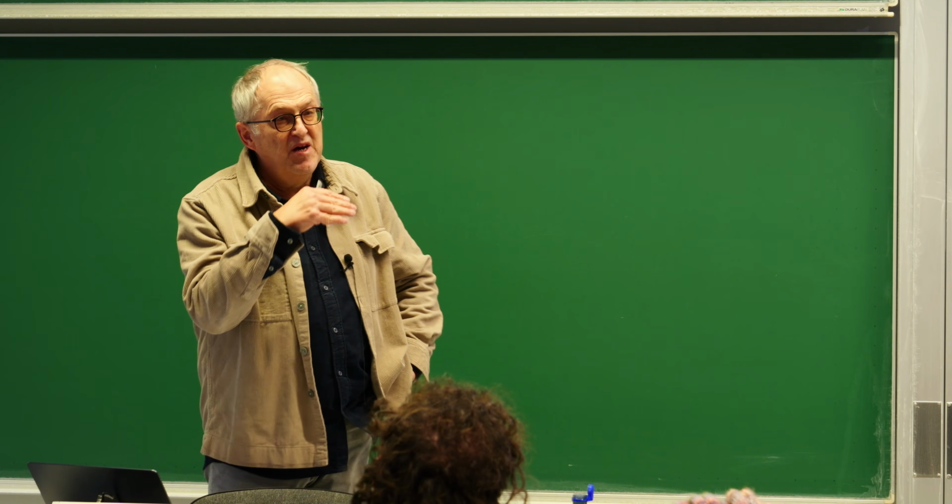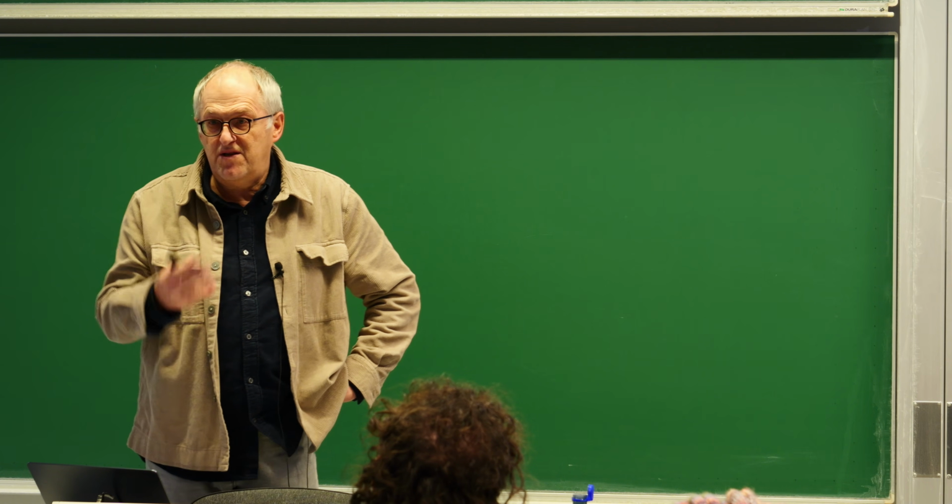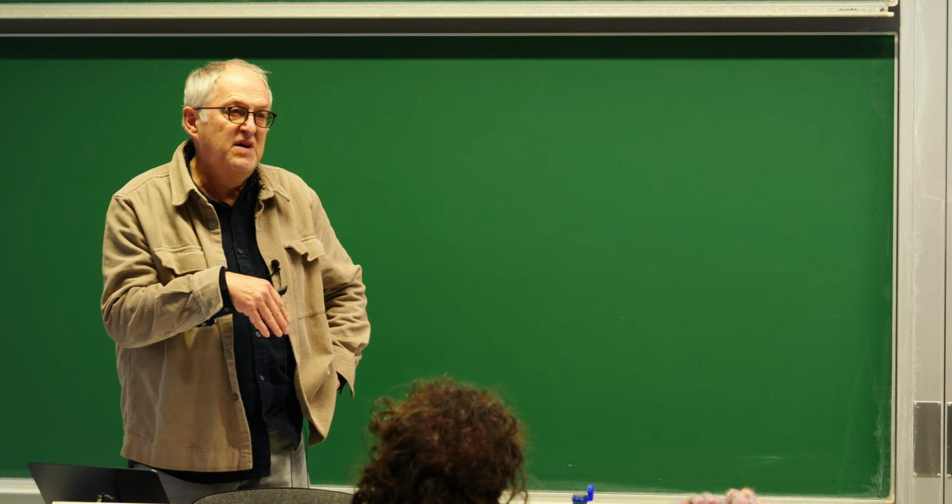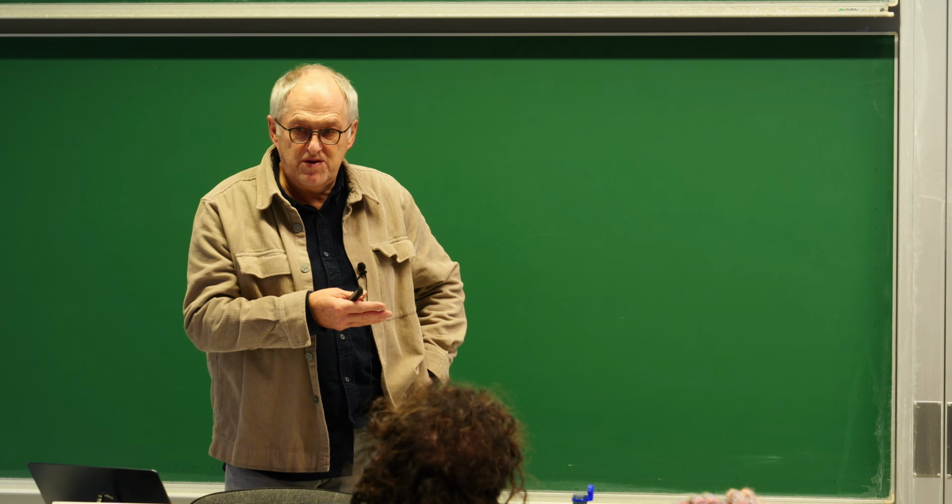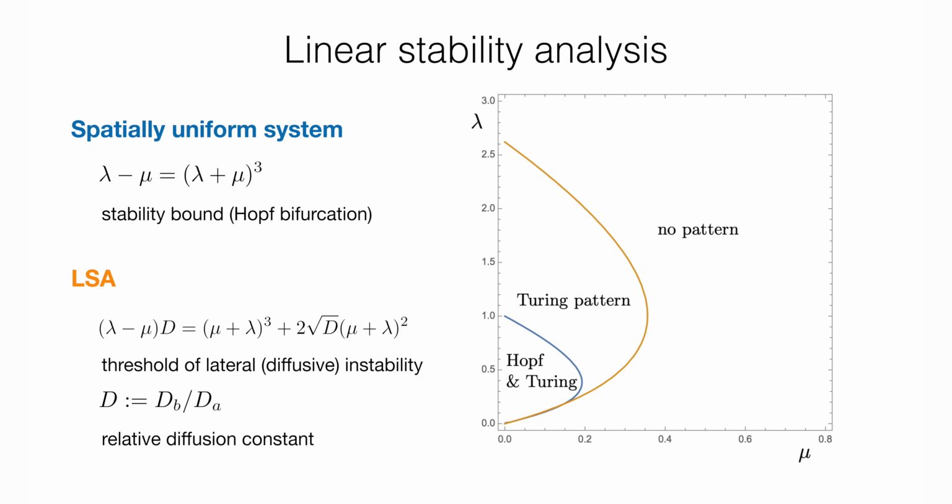And we asked, what is the instability or stability of that fixed point against spatial perturbations? Here we see we have actually two regimes. We have a regime for which we can ask this question about Turing stability, and another regime where the homogeneous steady state is already unstable to a Hopf bifurcation and shows a limit cycle.